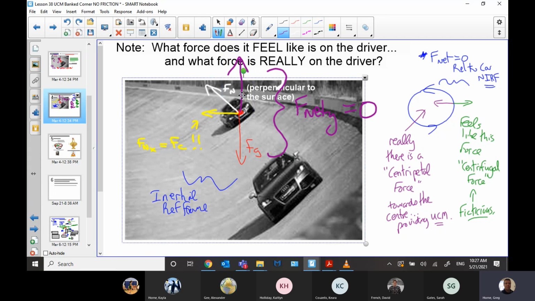Well, it's actually the normal force. And so the way this diagram was wrong is that this normal force actually has to be a lot bigger in order to provide that upwards component, in order to balance gravity.